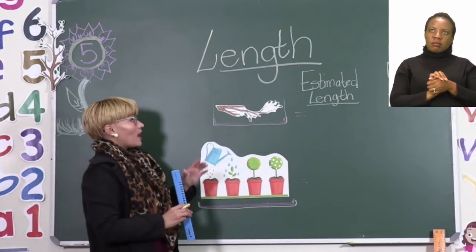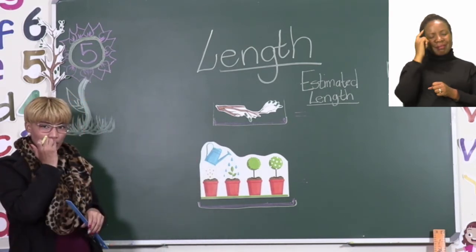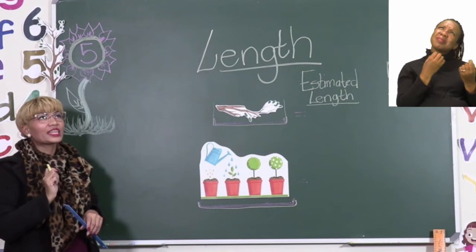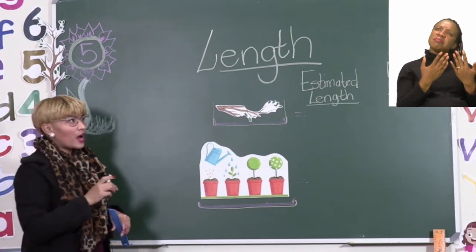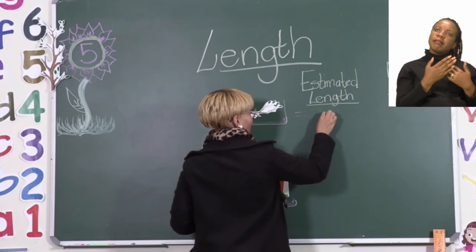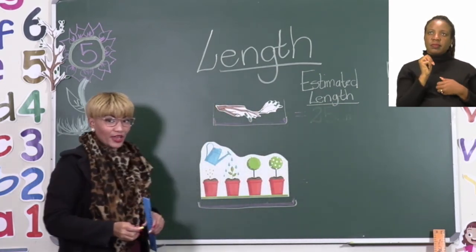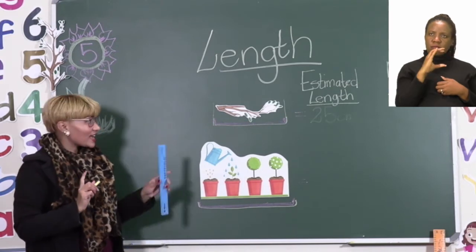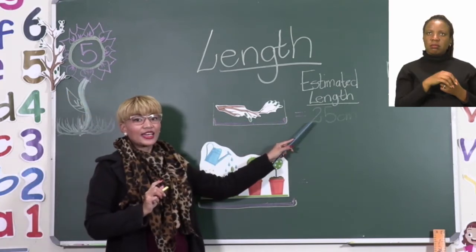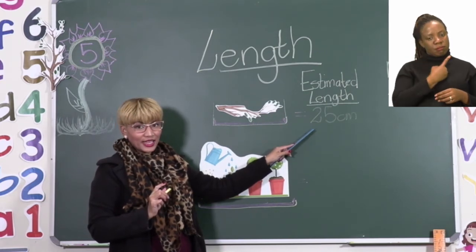Now, for my first object, I am going to guess and say, I think my object is about, let's say, 25 centimeters. Remember boys and girls, this is just an estimate. That means I am guessing.